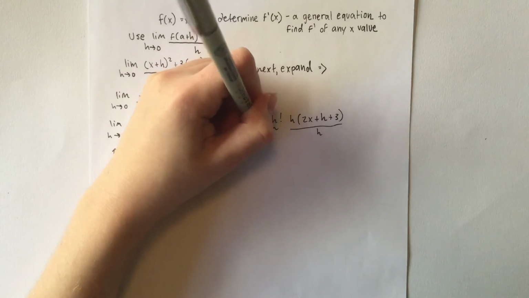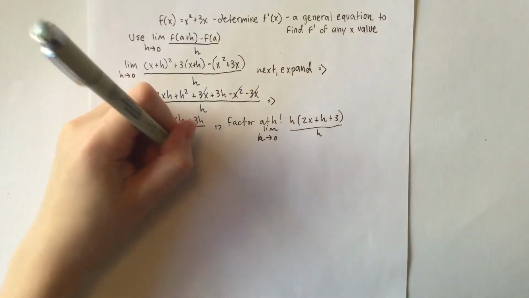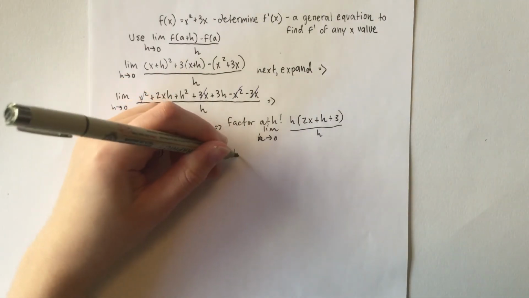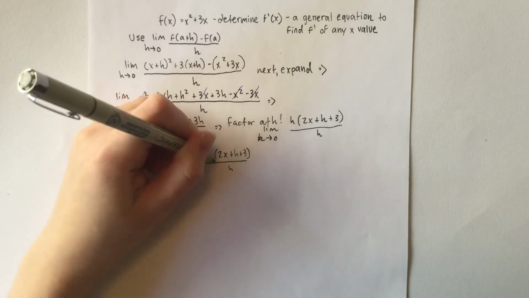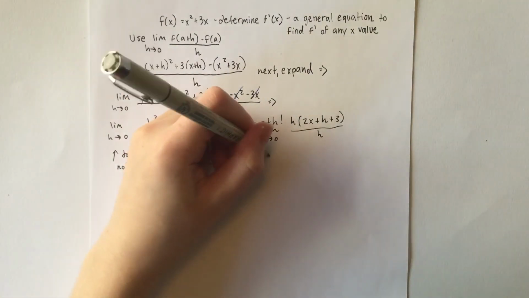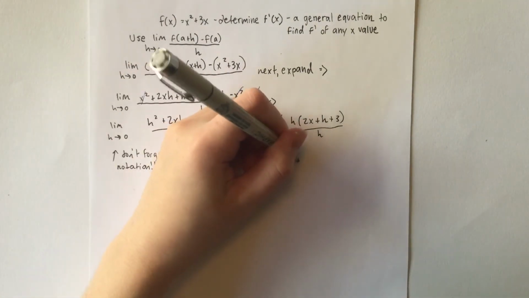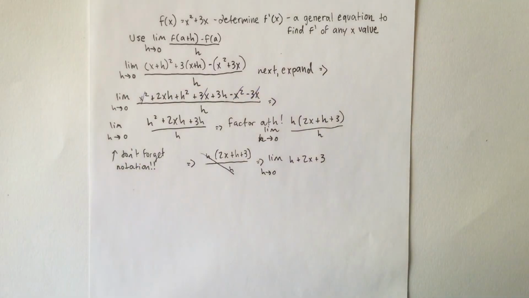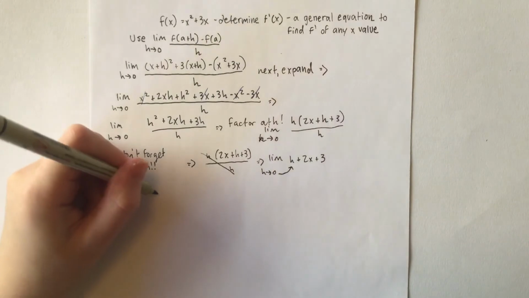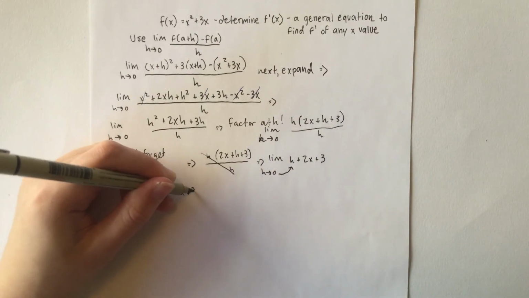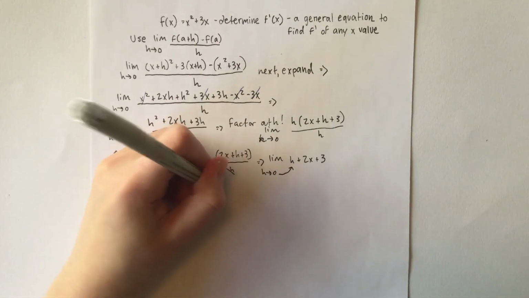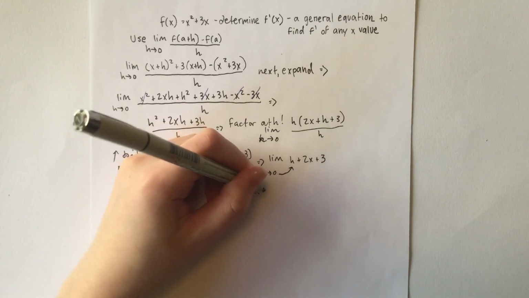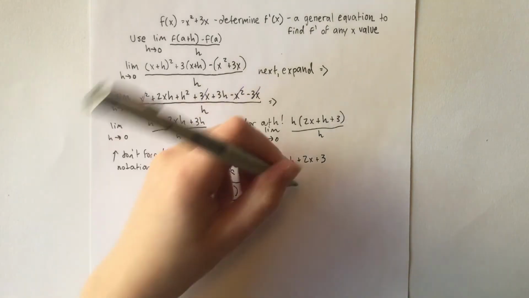And then that h that you took out will get rid of the h in the denominator, which is kind of what you always want to go for. You get rid of the h in the bottom. And then we're left with the limit as h goes to 0 of h plus 2x plus 3. And then you can plug in 0 for h, so we're just left with 2x plus 3 as our f prime equation.